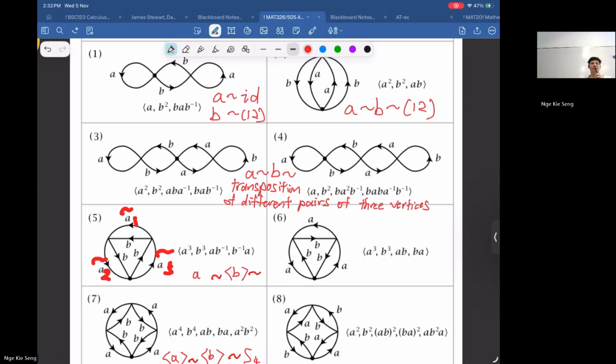Think of it as you treat the 3 copies of the point, and you use the loop to act on them. The lift of the loop will act on the pre-images of the base point.